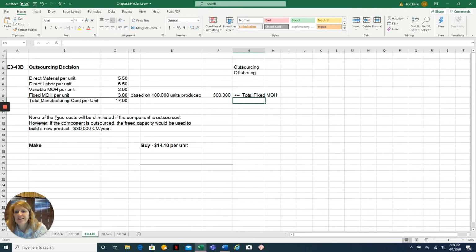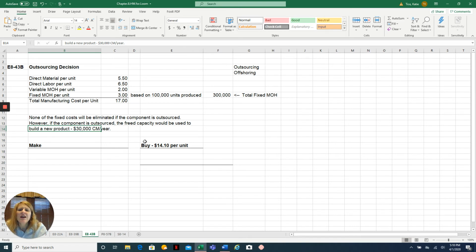So again, the problem is telling us none of that cost will be eliminated if the component is outsourced. However, if the component is outsourced, the free capacity would be used to build a new product that would have a $30,000 per year contribution margin. What this is saying is we could use the space that we're currently using to make this item for an item that would have a contribution margin of $30,000 per year.